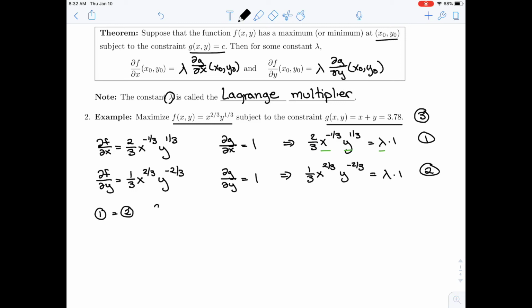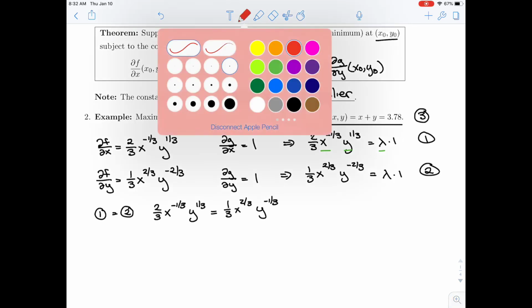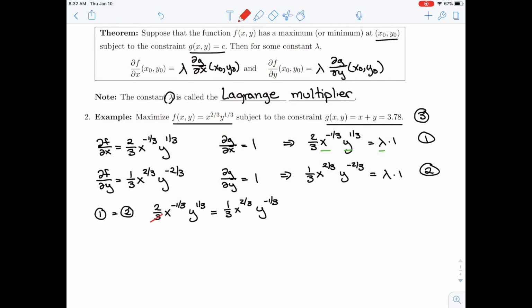When I do that, I get that 2/3 x to the minus 1/3 y to the 1/3 equals 1/3 x to the 2/3 y to the minus 2/3. And so hopefully you can immediately see that I can multiply both sides by 3 to get rid of the 3's in the denominators on both sides.